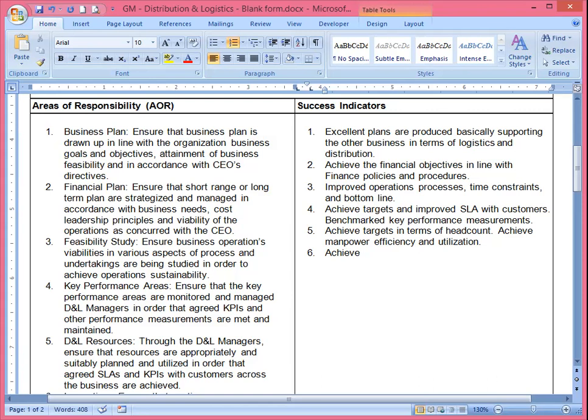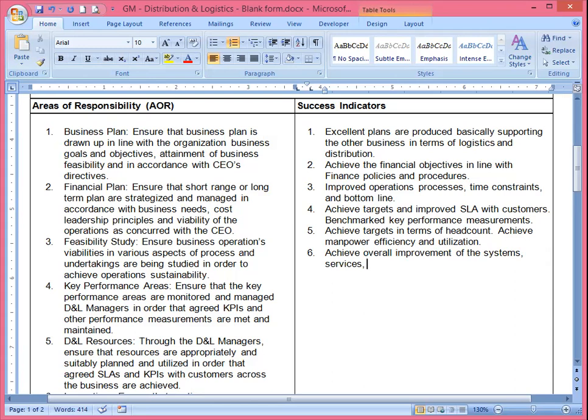Okay, achieve overall improvement, right? Of the systems. Services also, especially for the customers.